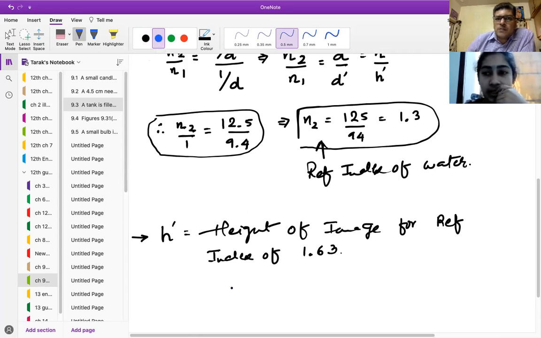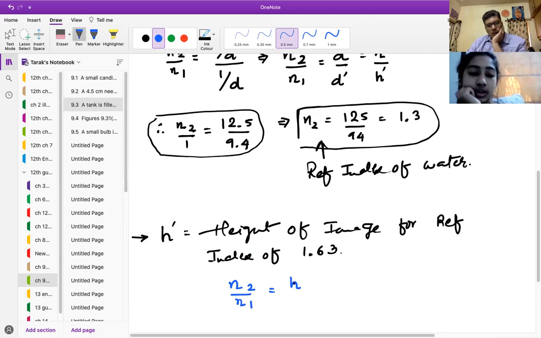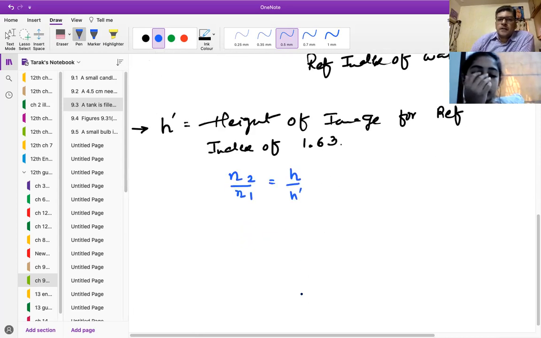I'm using the same expression where n2 divided by n1 equals the height of the object, h, divided by h dash.